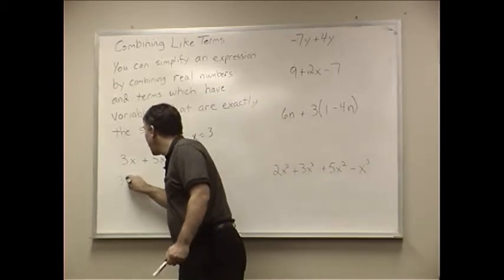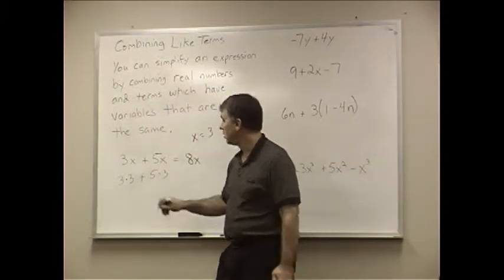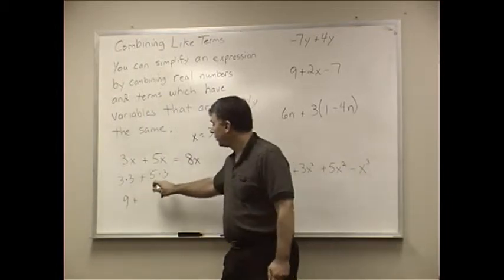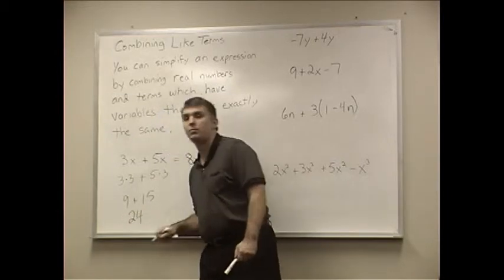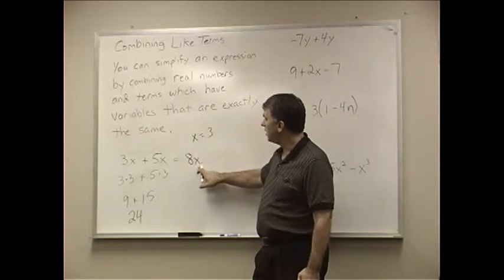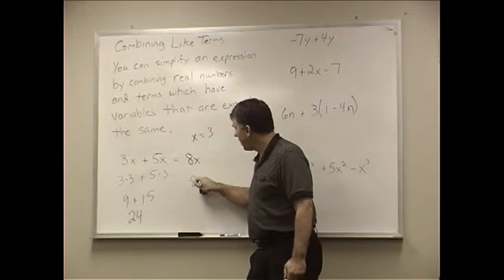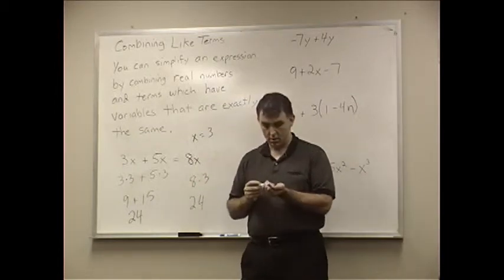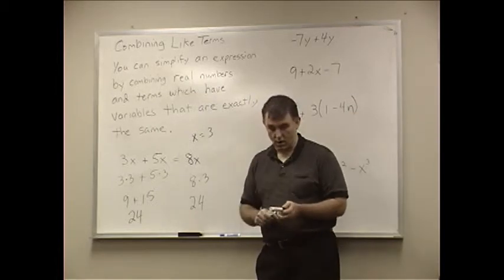Well, 3 times 3 plus 5 times 3, that would give me 9 plus 15. 9 plus 15 is 24. If I put the 3 in here, I would get 8 times 3, that is 24. They give you the same answer. It's just a lot easier to calculate with this one.